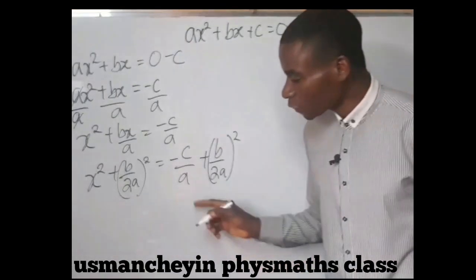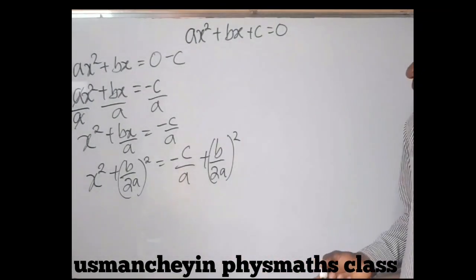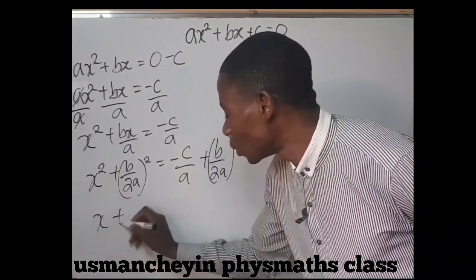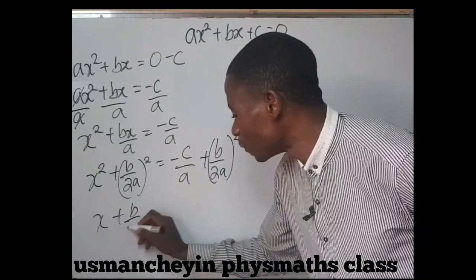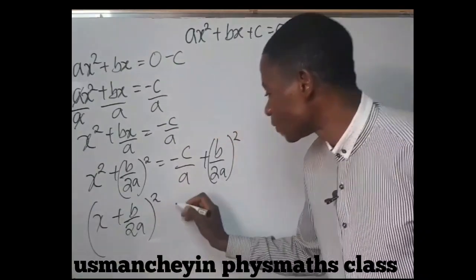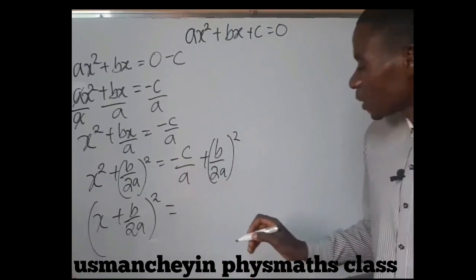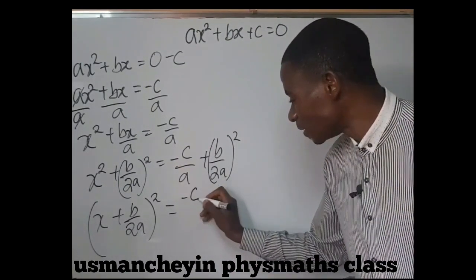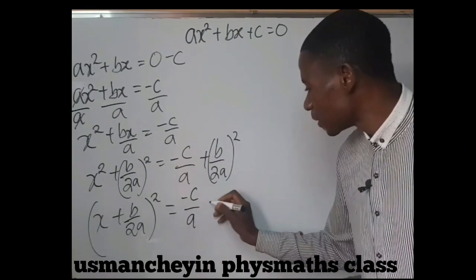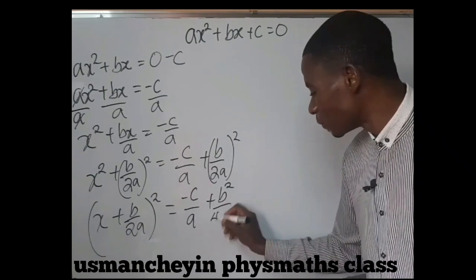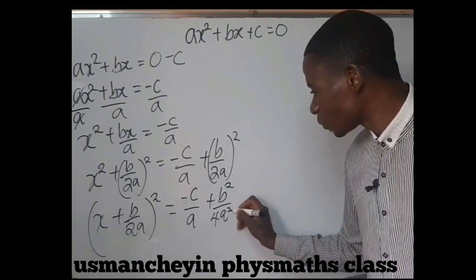Okay, so from this particular step, the next step is x plus b over 2a all in the bracket having the square equal to, when you square this, you have negative c over a plus b squared all over 4a square.